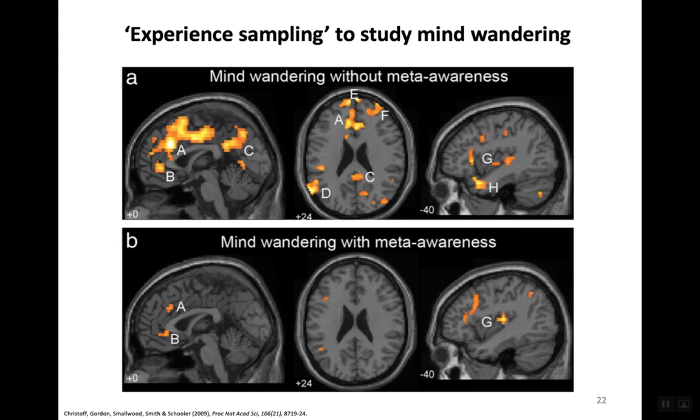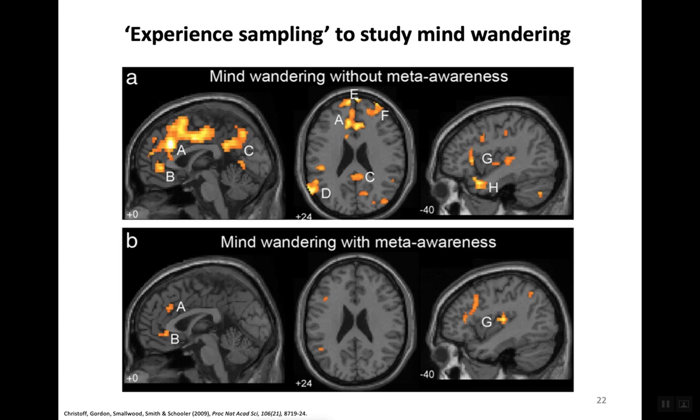And again, the level of accuracy in those responses can also be correlated with the level of engagement of the default network as reflected by patterns of activation within the frontal and the parietal lobe.